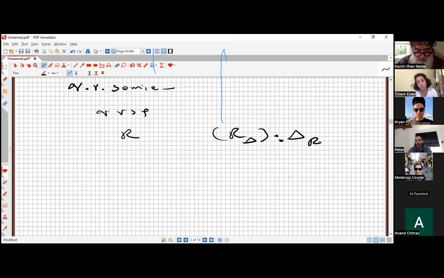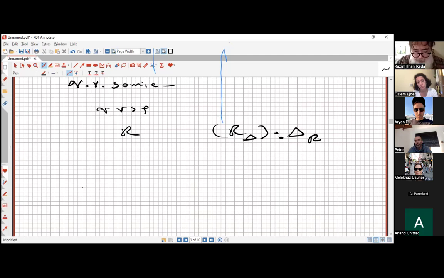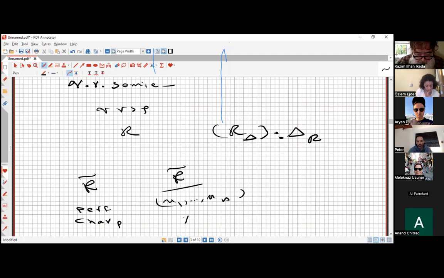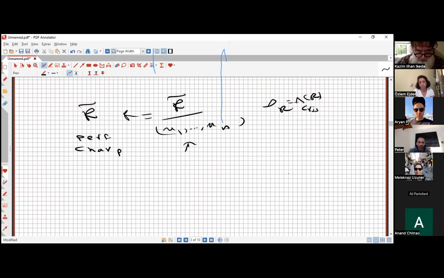For example, if R tilde is a perfect ring of characteristic p, and you divide it by a regular sequence, this is an example of what we call quasi-regular semi-perfectoid. And in this case, Δ_R is just the crystalline cohomology of R, from p-adic Hodge theory.